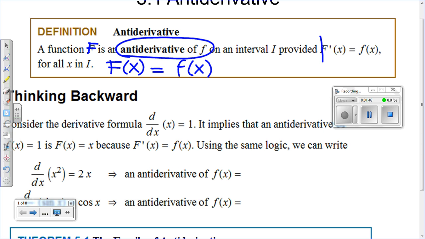And of course, if we take the derivative of the integral, then we get the original function.